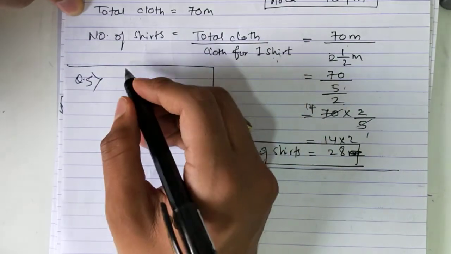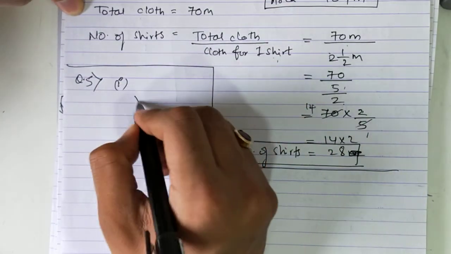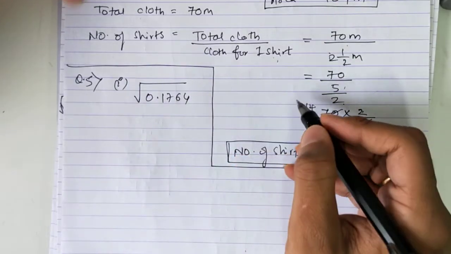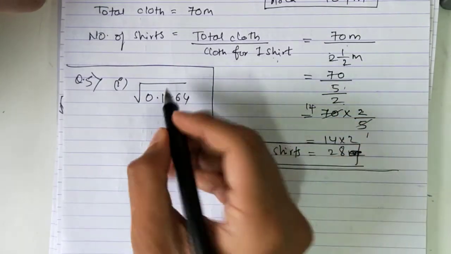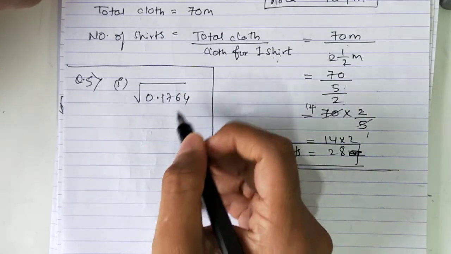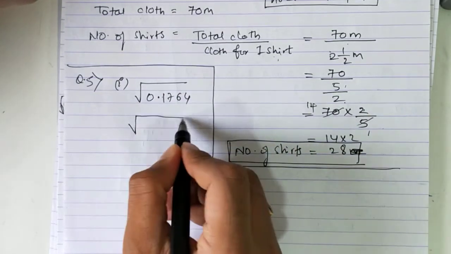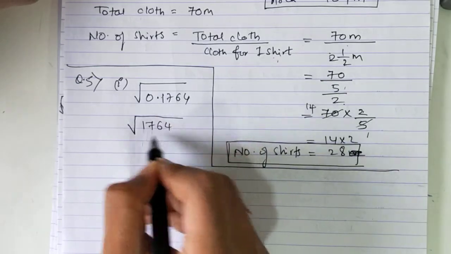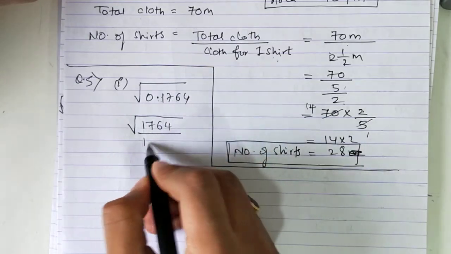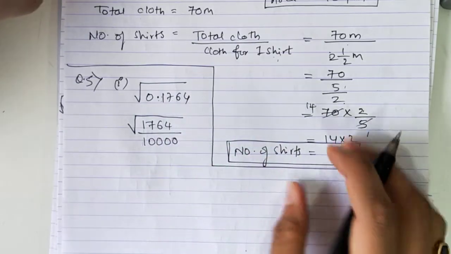Find the square root of 0.1764. Okay, see, after the point there are how many numbers? 1, 2, 3, 4 numbers. Okay, so this can be written as 1764 upon, after the decimal point there were 4 numbers, means it was 10000.